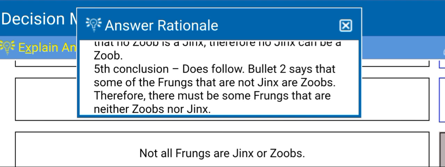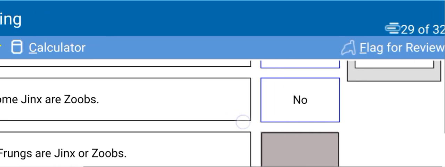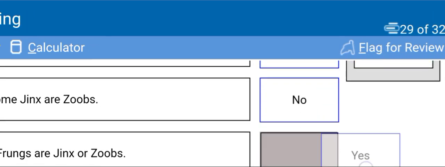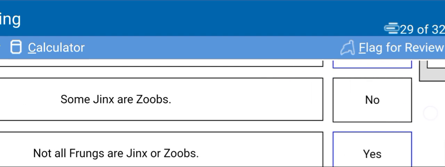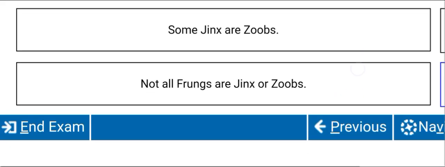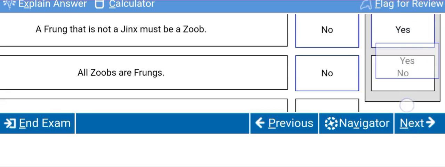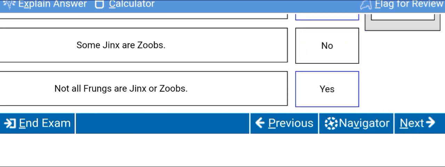Therefore, there must be some frunks that are neither zoobs nor jinks. So the fifth conclusion does follow. So we will drag a yes and drop it here.